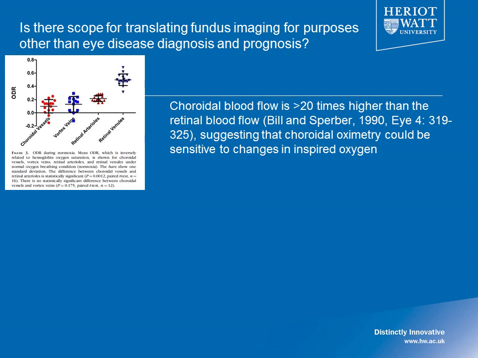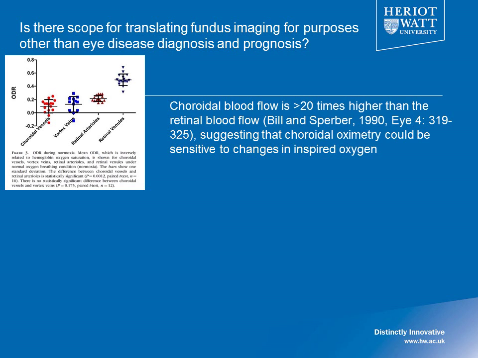And this is a paper from Christian Dottier, in which the ODR here represents oxygenation, and we can see that the higher the oxygenation, the lower the ODR, and measured in the choroidal vessels is about the same as the vortex veins, but it's lower than the retinal arterioles, suggesting that there's a higher oxygenation here in the choroid, and certainly much higher than in the retinal venules.